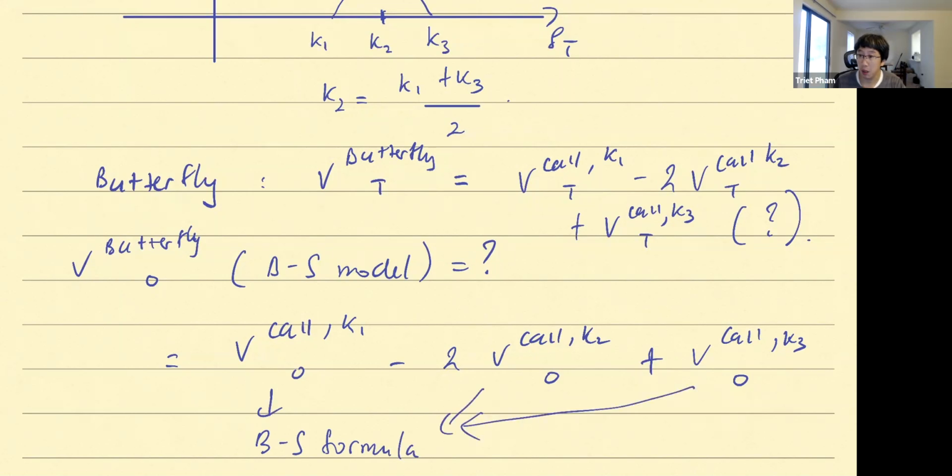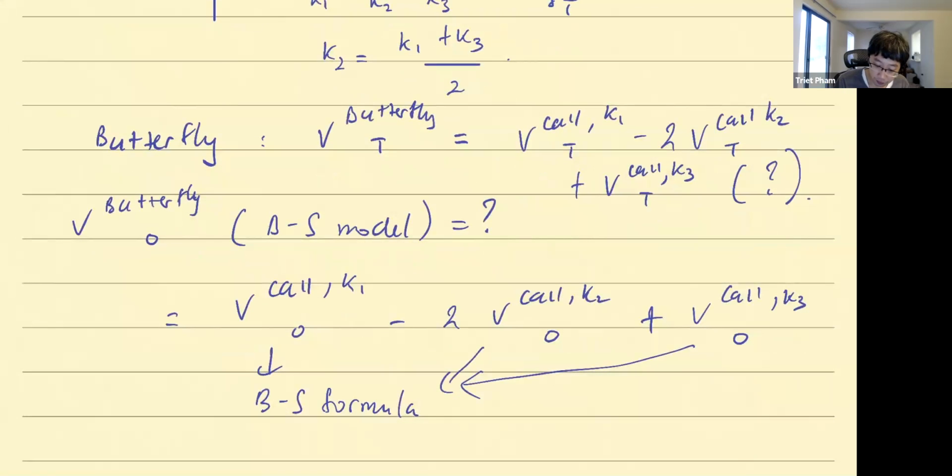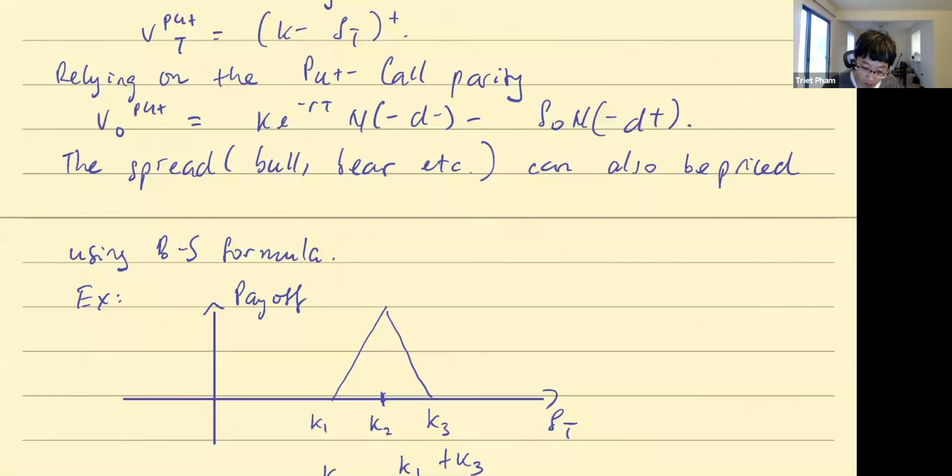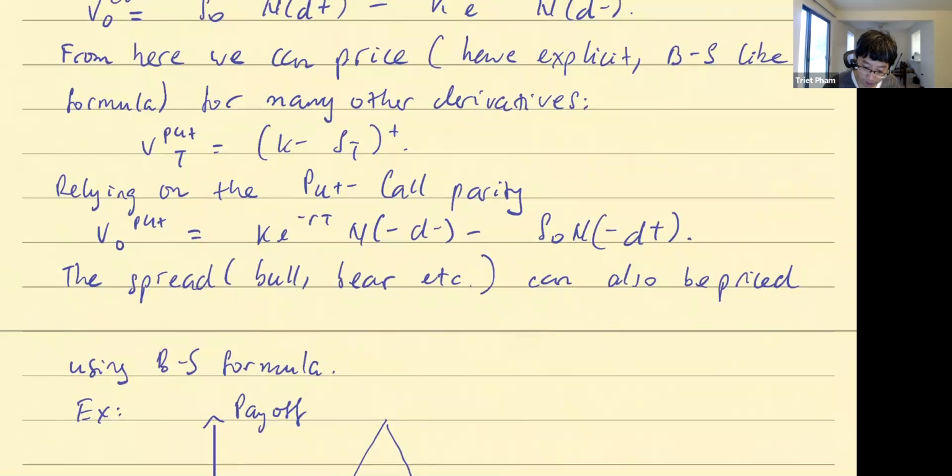And that's it, right? Anything that can be broken down into put and call, like the butterfly spread here, the bull spread, the bear spread, you can just price them, not directly, but using what you know about the Black-Scholes formula, and then rewrite them in Black-Scholes style.